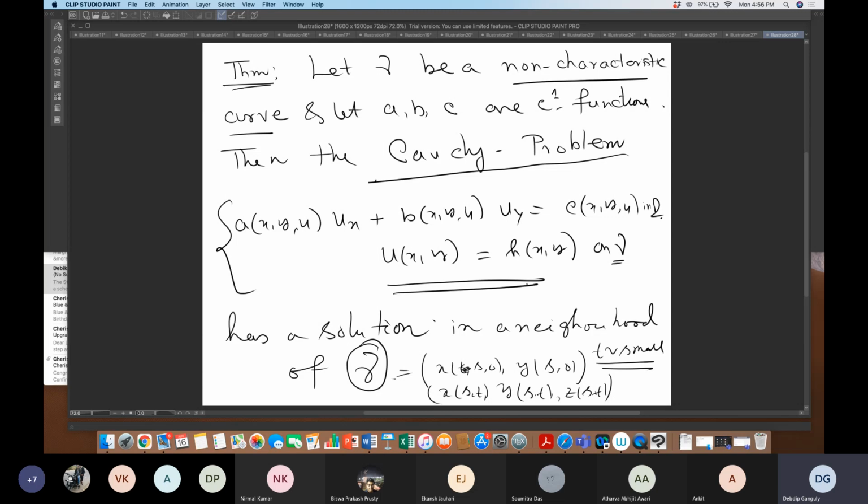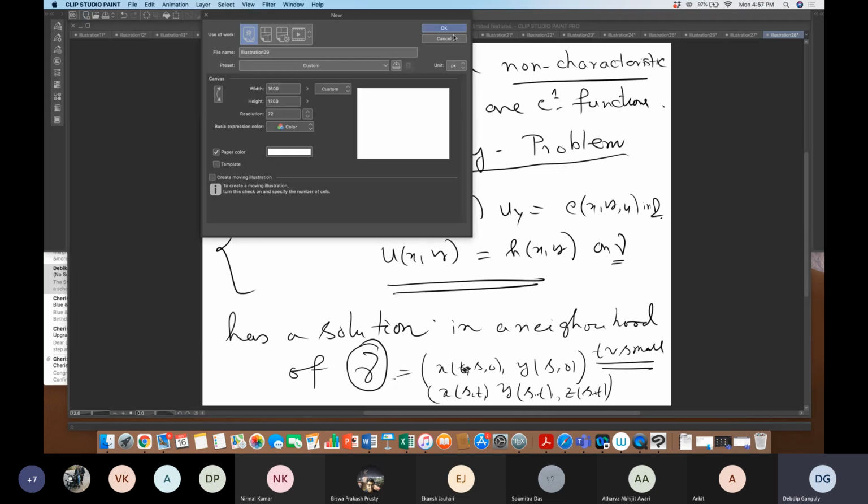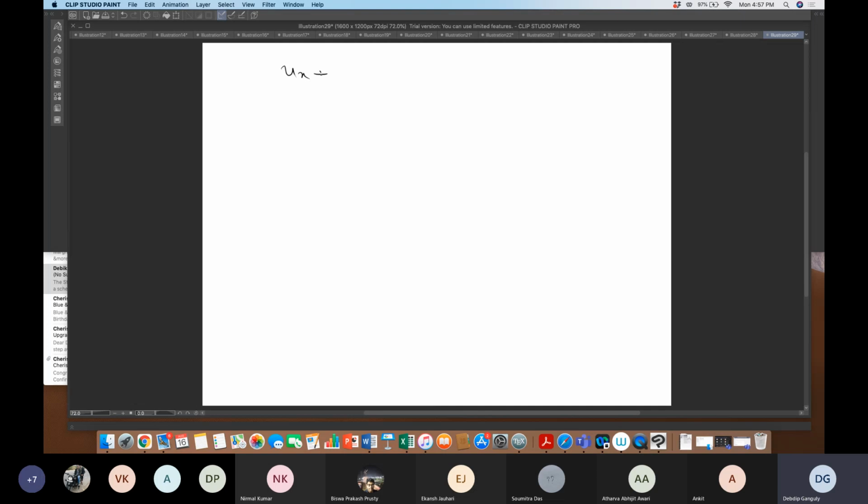When we do u(x,0) equal to h(x), what is the characteristic curve for this problem? We have just solved it, right? u(x,0) is equal to h(x). What is gamma? Gamma is (s,0).